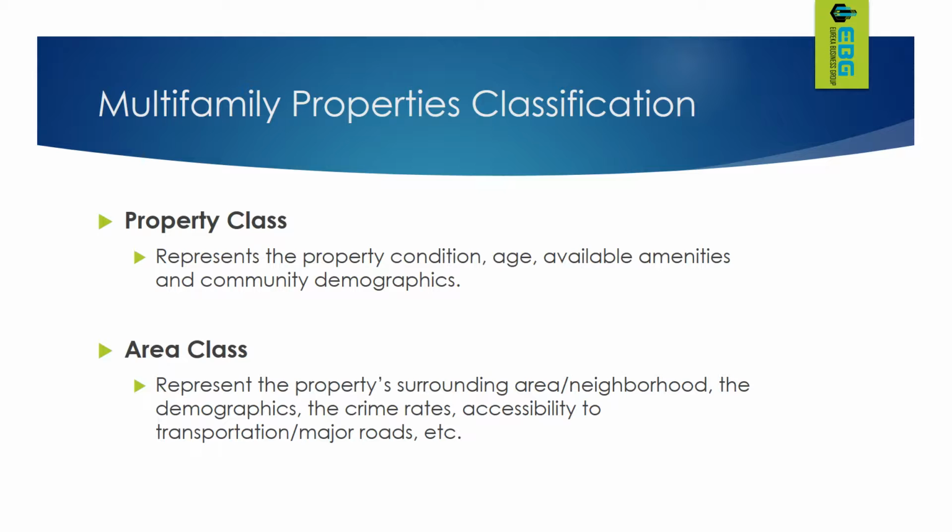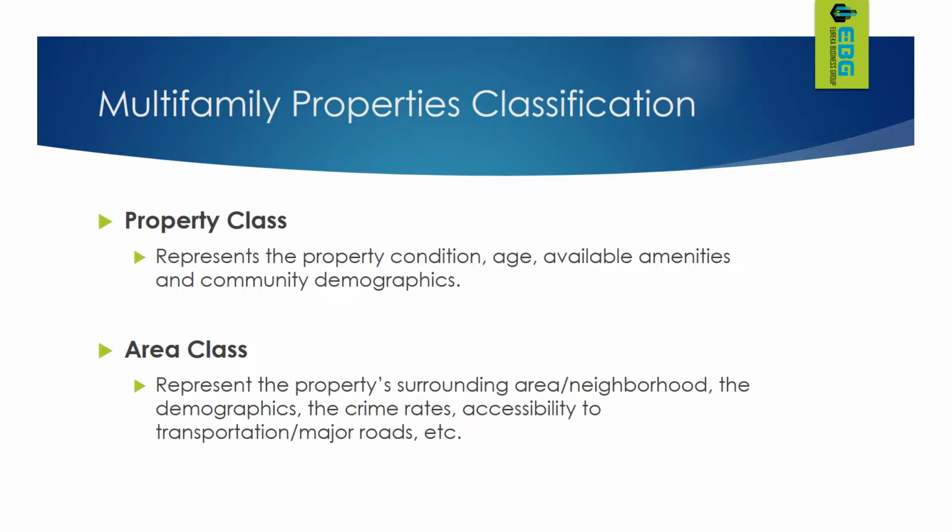The property class is really about the buildings, the physical property that you're looking to buy and its physical condition, how old the buildings are, what kind of amenities the community offers, what kind of demographics rent in a property like that. And then there's the area class, which represents basically the neighborhood, the submarket, the zip code of that property.